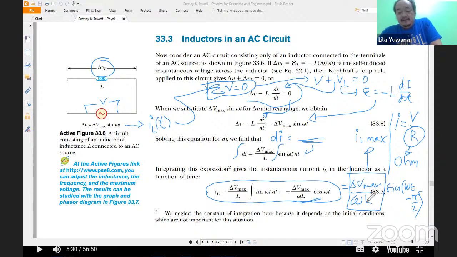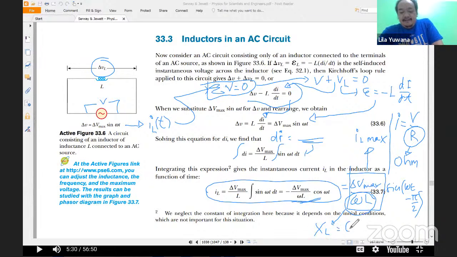So we have to take an additional variable here to combine omega and L into a new variable. We say this variable is XL.